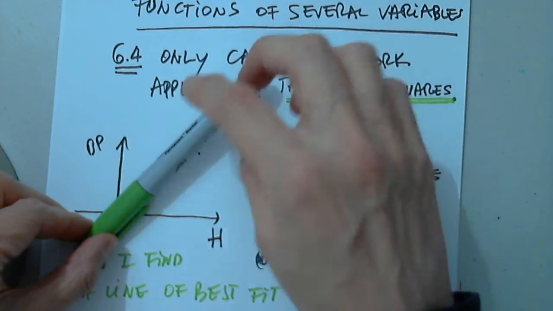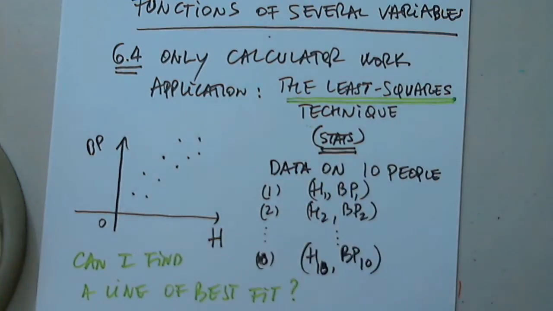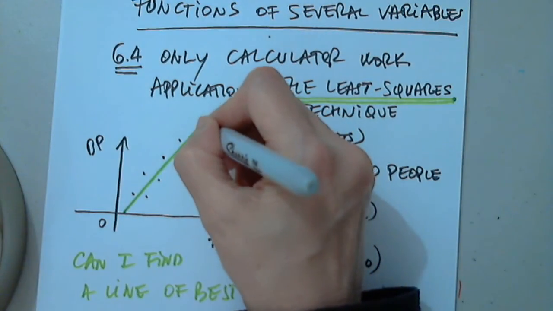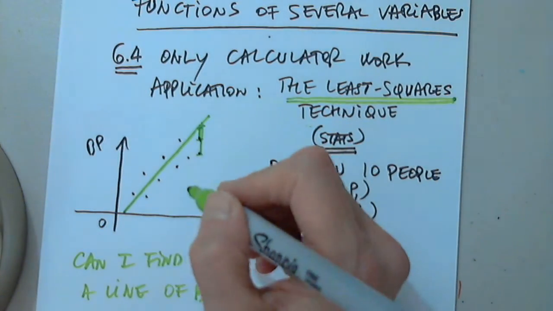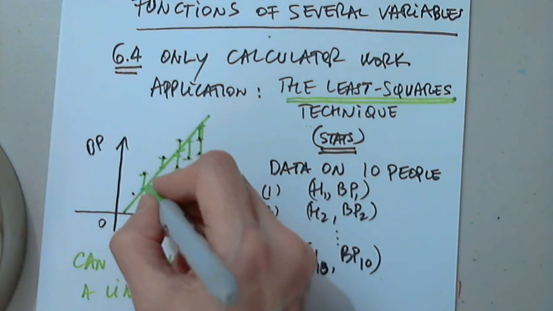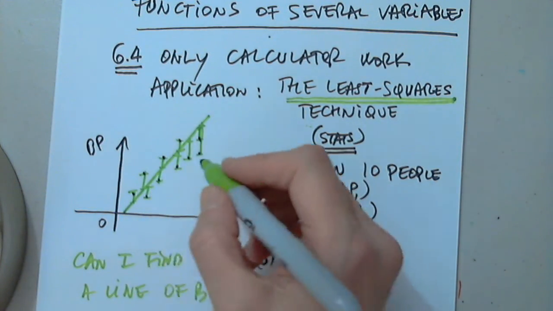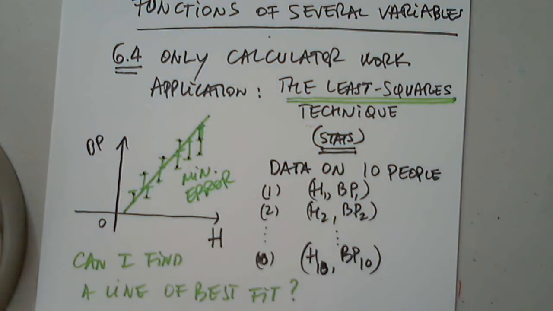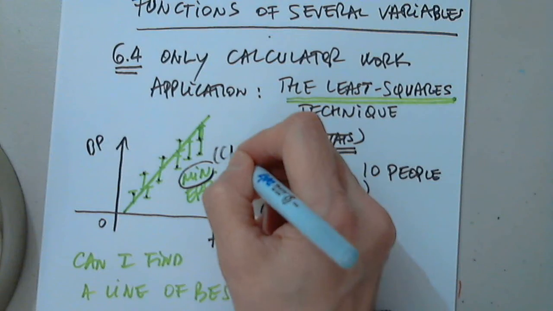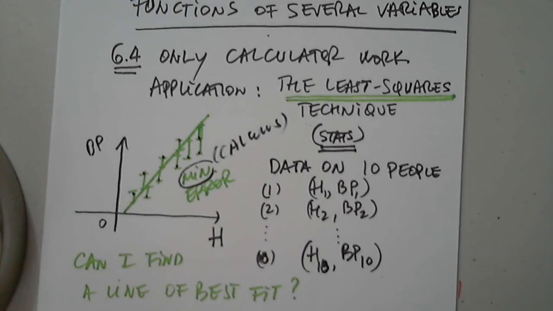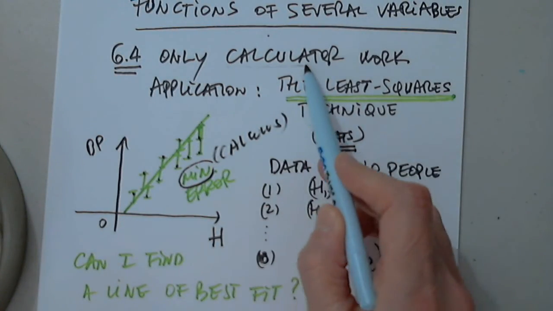It will be a line where the errors, this one, this one, and so on, these squared are minimum. But every time we talk about minimum or maximum, we talk about calculus. But the formulas are determined for us. This is available in our calculator.